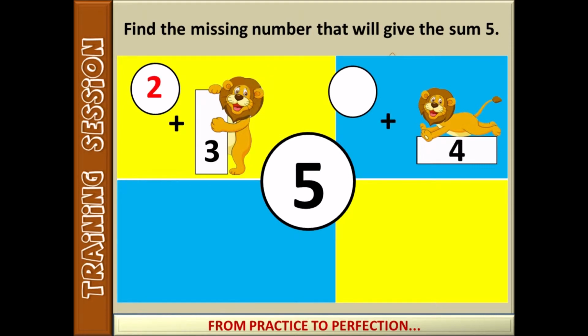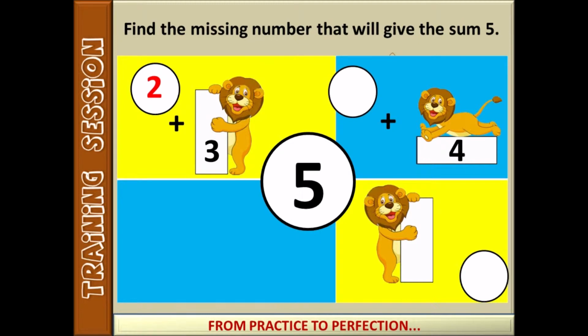Now, what should be added to 4 to make 5? That is 1. What should be added to 1 to make 5? I know you have the answer. It is 4.